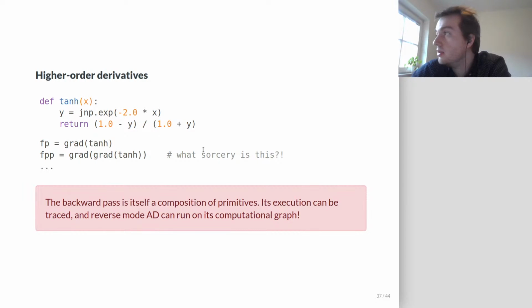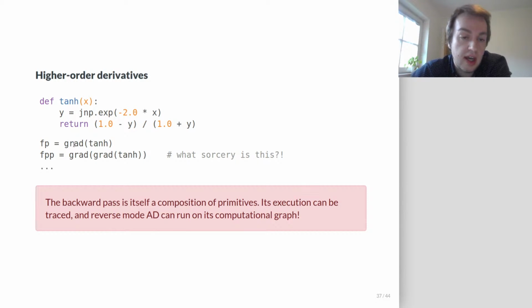All right, I started the lecture by telling you that you can write code in which you can not only differentiate the computer program you write with respect to some arguments, but also compute higher order derivatives. For example, I could write a small Python function that implements the hyperbolic tangent. Then I could use some grad function that would run automatic differentiation to evaluate the derivative of this function.